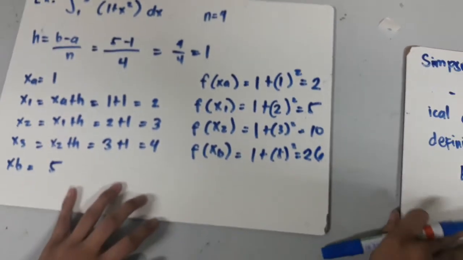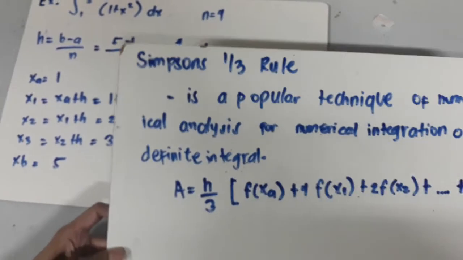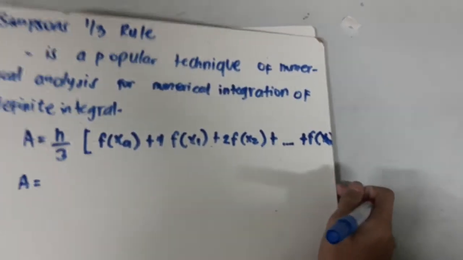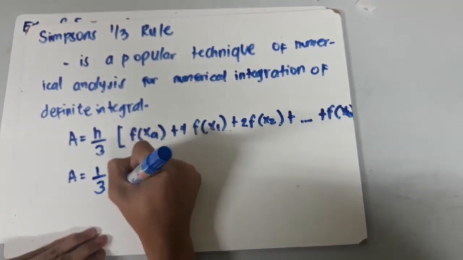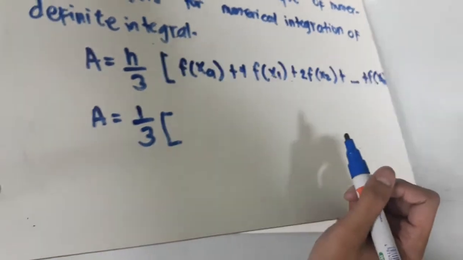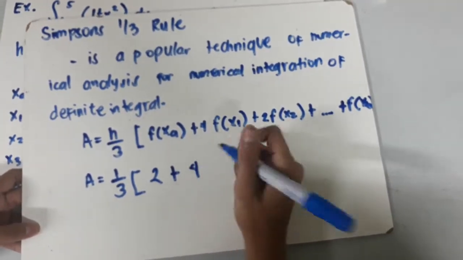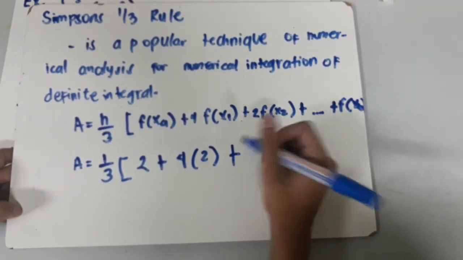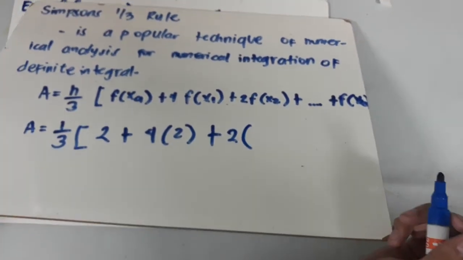And substitute to the given formula. Our h is 1, so it will become 1/3 times the value of f of x sub a, which is 2, plus 4 times 2, which is our value for f of x sub 1, plus 2 times the value of f of x sub 2, which is 10.